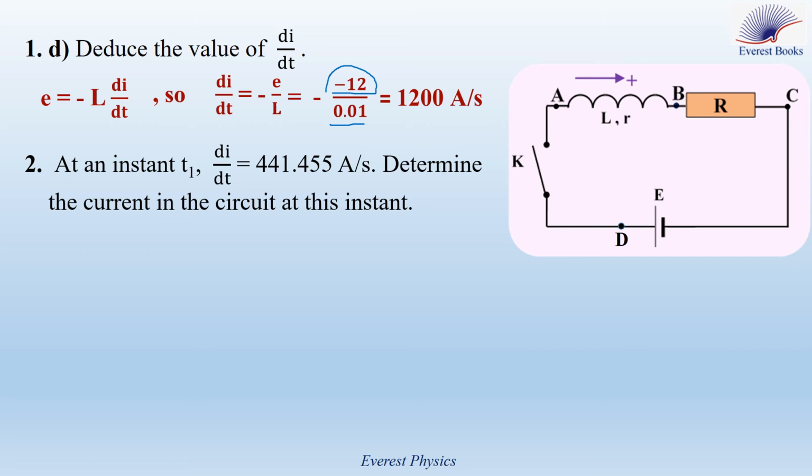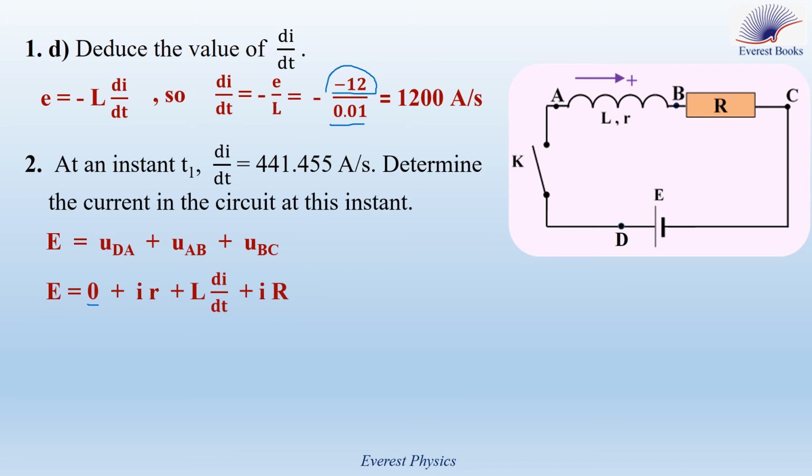Let's move to part 2. At an instant t1, di/dt is equal to 441.455 amperes per second. Now determine the current in the circuit at this instant. We apply Kirchhoff's voltage law to the adjacent circuit. So we have E is equal to U_DA plus U_AB plus U_BC. U_DA is equal to 0.